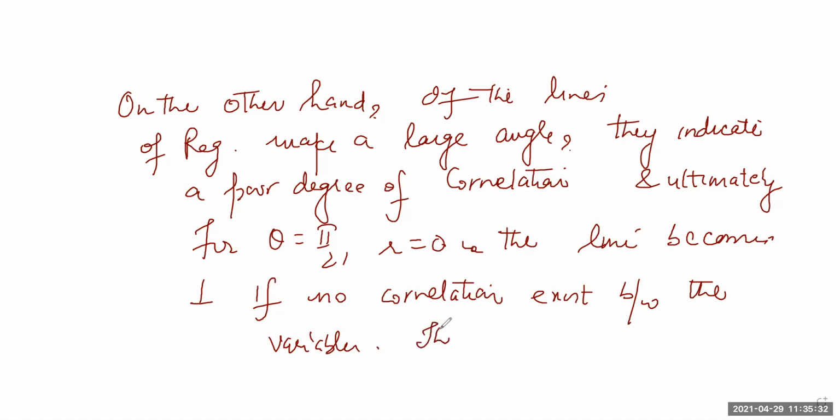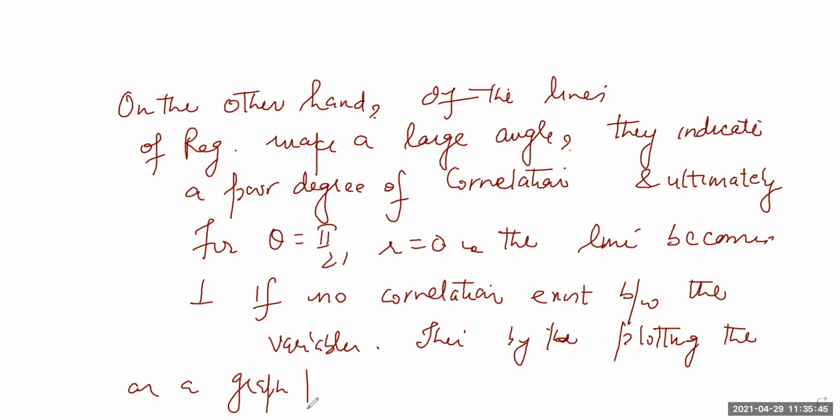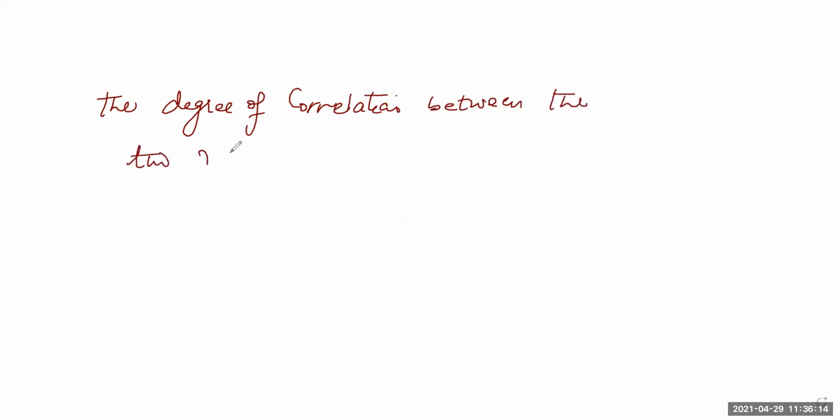So by plotting on a graph paper, write down graph paper, we can have an approximate idea about the degree of correlation between the two variables under study.